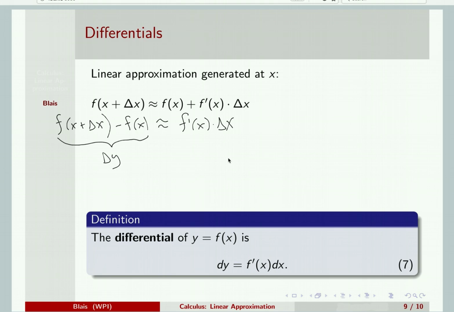Now the idea is shrink delta x. Think about making it infinitesimally small. And then we replace that delta x on the right with dx, and the delta y with dy.